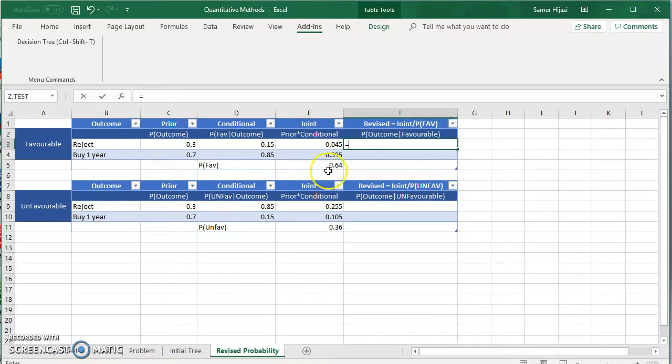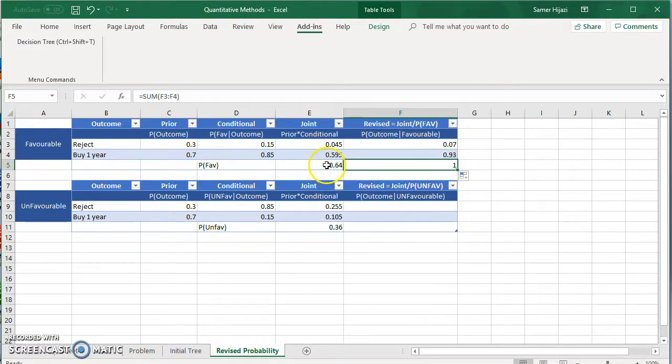It's the joint, which is this, divided by the probability of the favorable. And we're going to press F4, so when I copy it, it keeps the same value for the favorable. So let's drag this, and you can see here that the sum of these two should add up to 1. So let's move this formula, and you can see that the sum is 1.